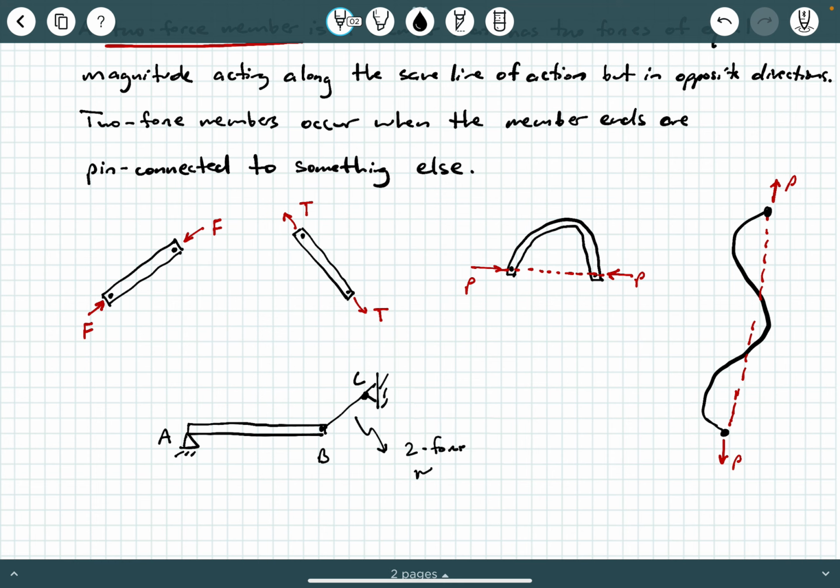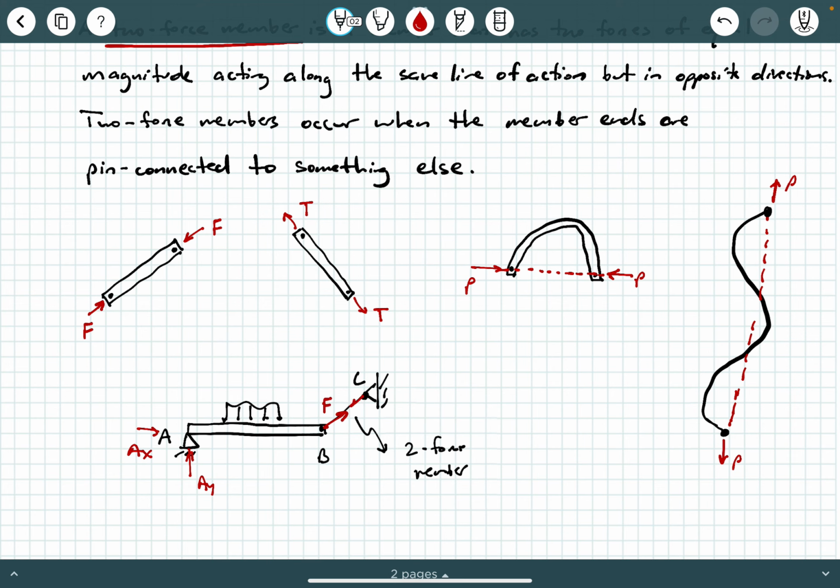It's a 2 force member. It's pin connected at its ends, and if I have some applied loading here, what's going to happen? Well, I'm going to develop an AY, of course, and an AX, and then what's going to develop here is a link force or a cable force, whatever that is. And so what would happen over at C?